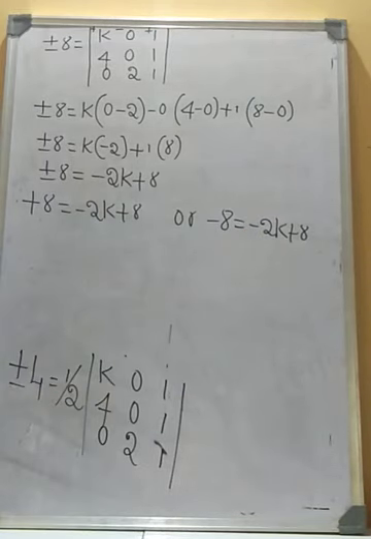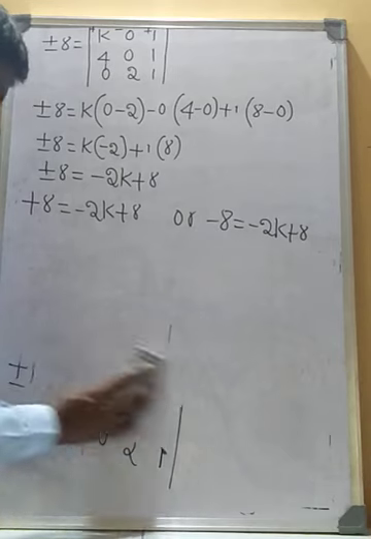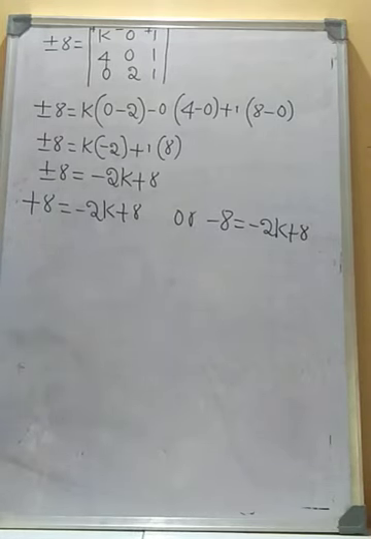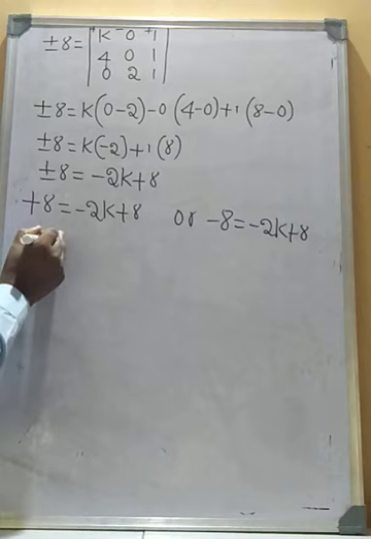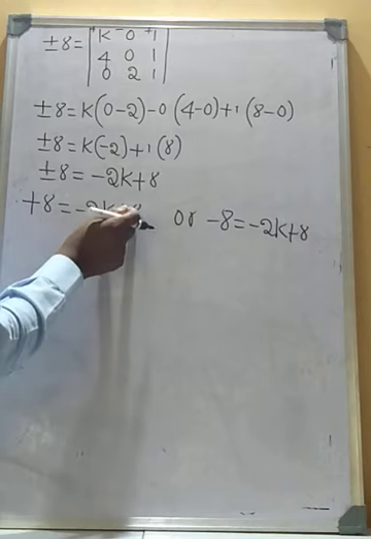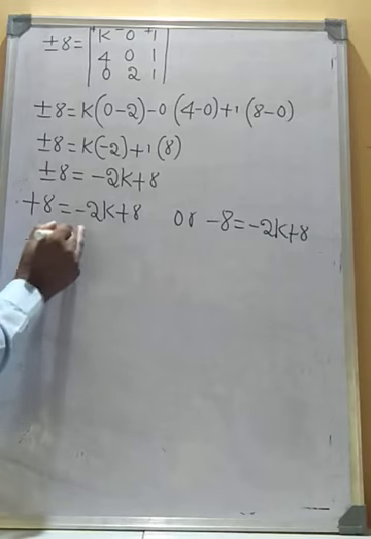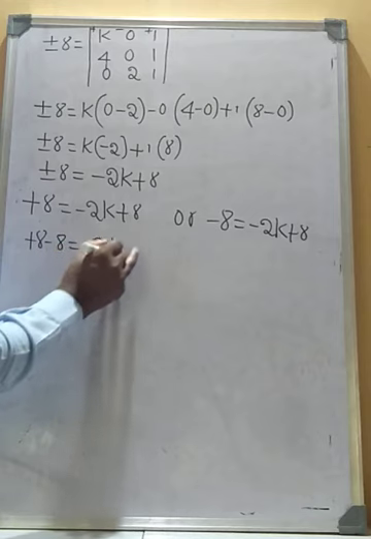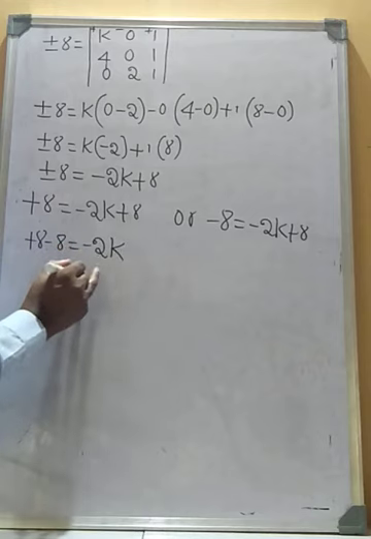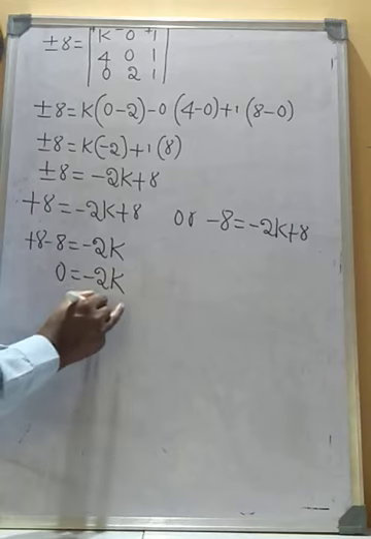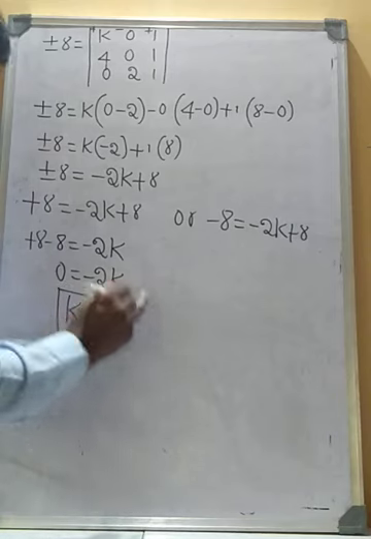So simplify this. Plus 8 on the right side transposes to the left side: 8 minus 8 is 0, so 0 is equal to minus 2k, therefore k is equal to 0.